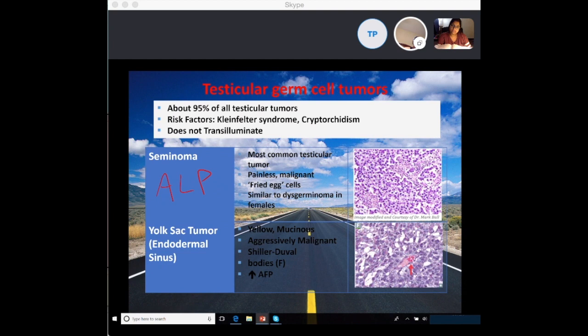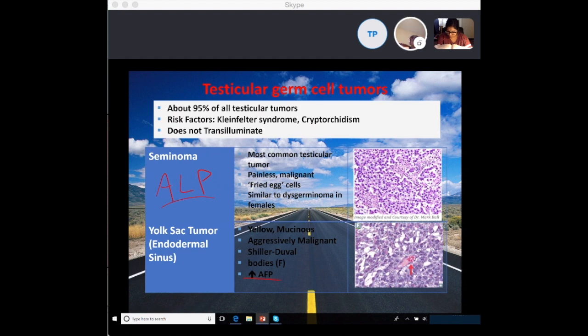Next we have a yolk sac tumor, which is similar to the ovarian yolk sac tumors in females. These get aggressive and can metastasize. They are also associated with elevated AFP.